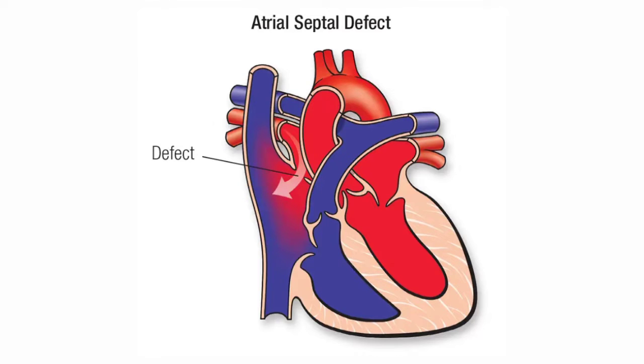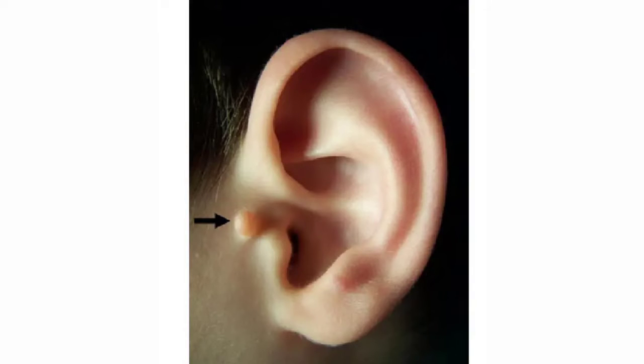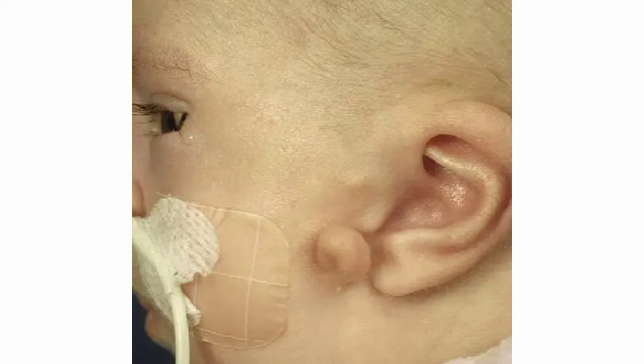So we have to look for those. This picture is also showing a preauricular tag. Again, a picture of a preauricular tag is shown here. It is just in front of the tragus, and a mound of epithelial tissue is seen.